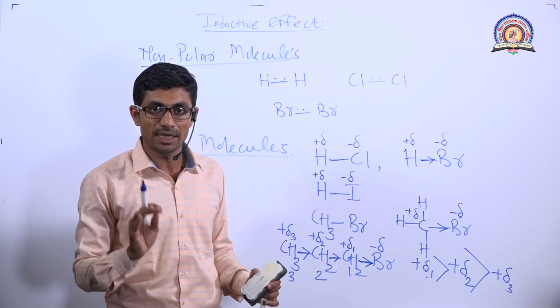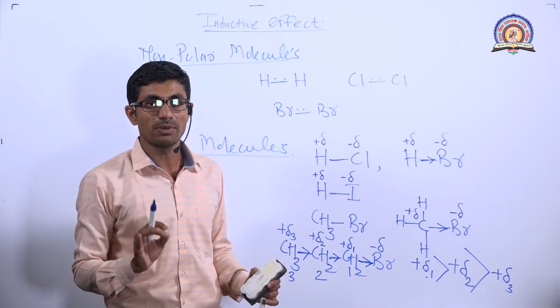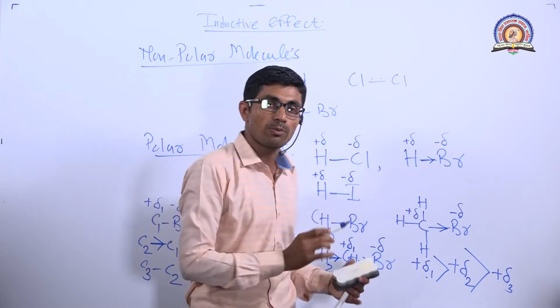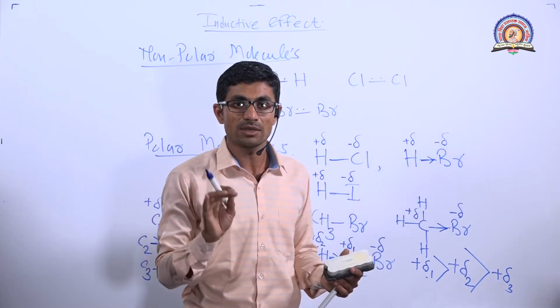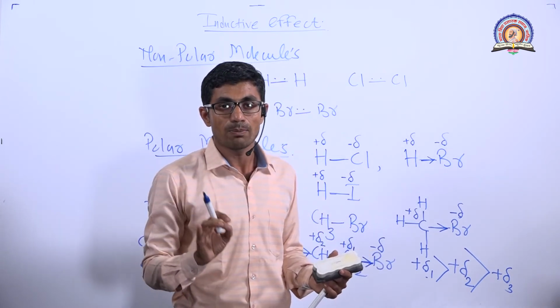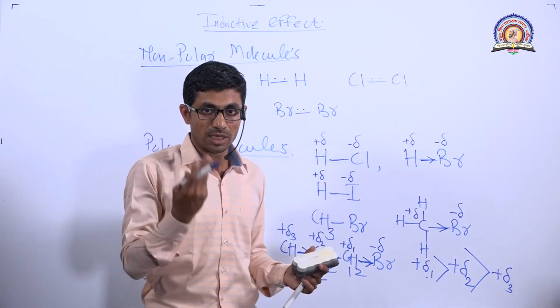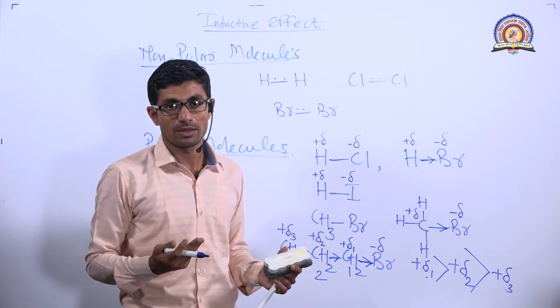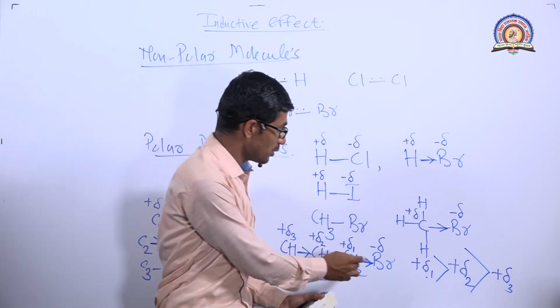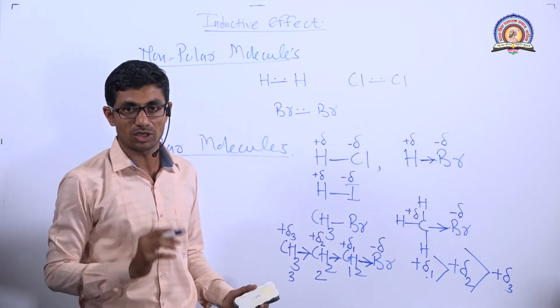And this is nothing but the inductive effect. What I am saying is that polarization is present in the C-Br bond, but that polarization induces polarization in the adjacent bond. So that polarization induced in the adjacent bond is nothing but the inductive effect.